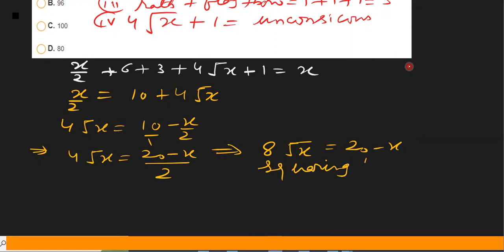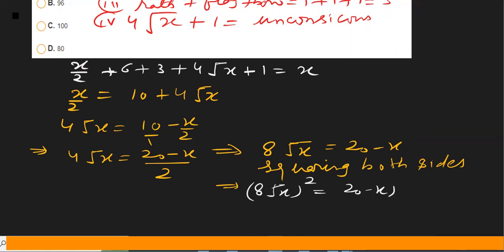तो नाउ स्क्वायरिंग बोथ साइड. ये क्वेश्चन 4 मार्क के क्वेश्चन में आता है लेकिन यहाँ पे इन्होंने ऑब्जेक्टिव फॉर्म में दिया है. देखिए, स्क्वायरिंग ऑफ 8 root x square, so left hand side is 64x, that is 400 minus 40x plus x squared.